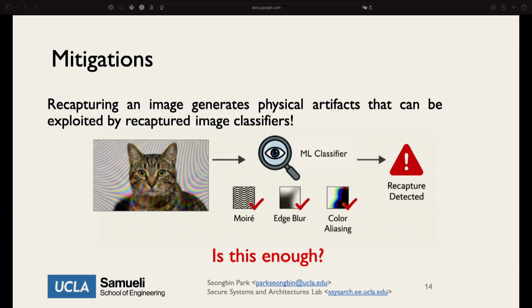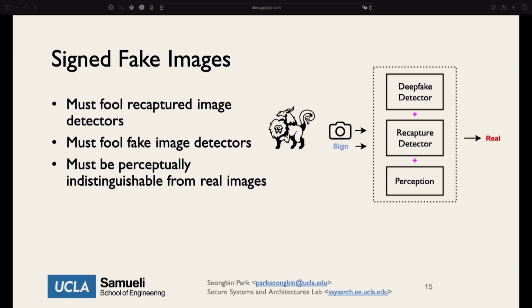Is there a way for an adversary to exploit this defense as well? For an adversary to do that, they must meet these 3 criteria. To create a signed fake image, they must fool recaptured image detectors, fool fake image detectors, and it must also be perceptually indistinguishable from real images, because otherwise the end user looking at this image will not believe that this image is real anyway.